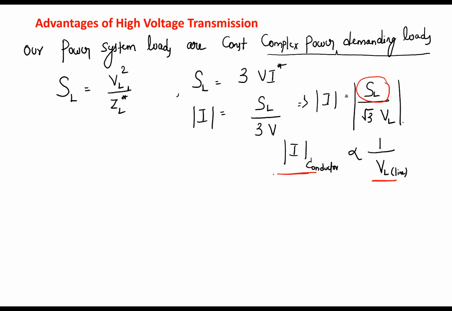So the first advantage is, see, I am quantifying how much it will reduce. If you increase the transmission voltage by 2 times, the transmission current will reduce by how many times? It will reduce by 2 times.